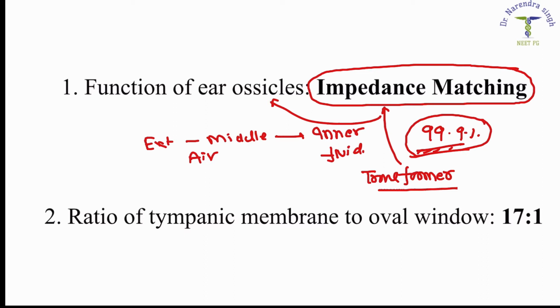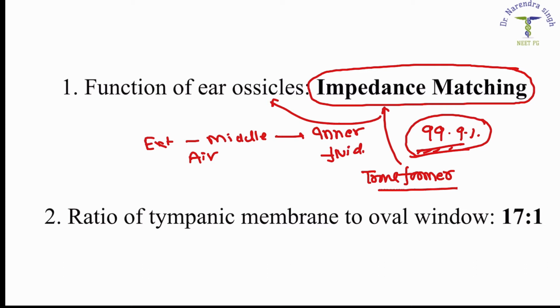The actual role of the transformer here is that it increases the force of any sound that enters the middle ear, so that more of the sound can enter the inner ear rather than most of it getting reflected back. So the loss of sound is lower as compared to earlier.